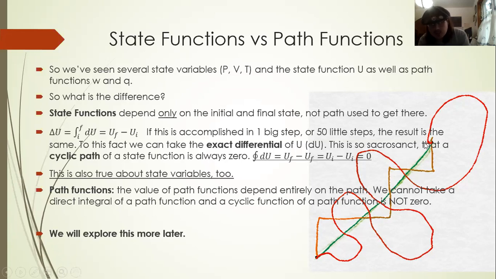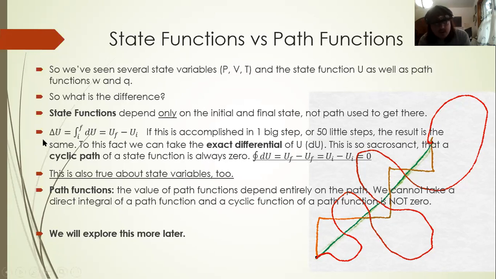A state function says that will be the same. Path functions will change. So the idea being that if I do a reaction one way, I might have more heat. If I do it another way, I might have more work. But the change in internal energy will be the same regardless.